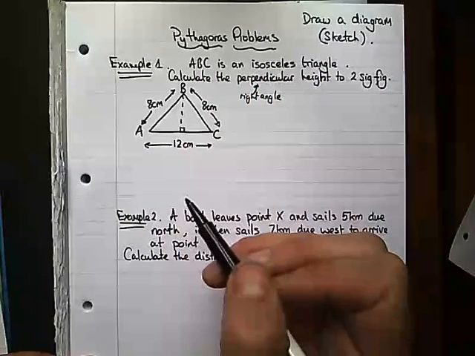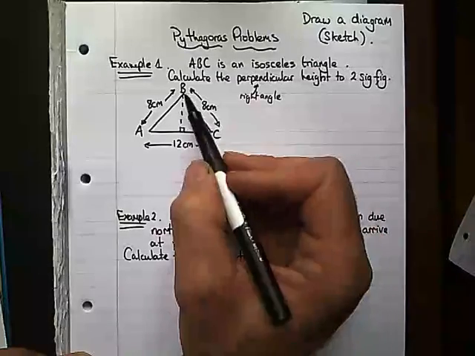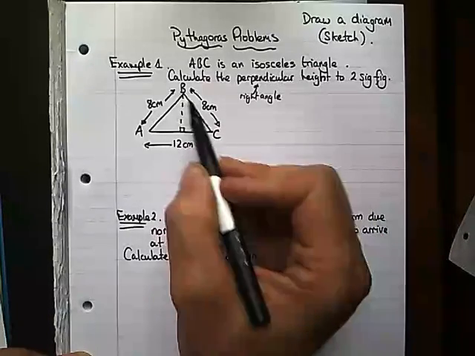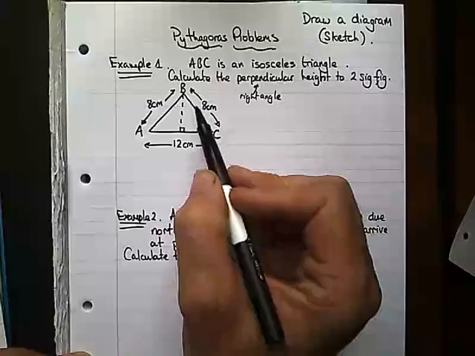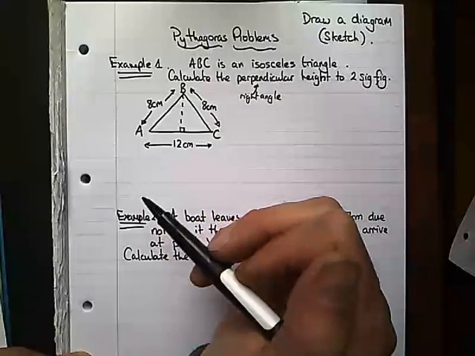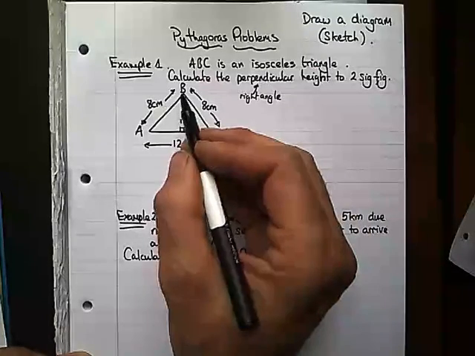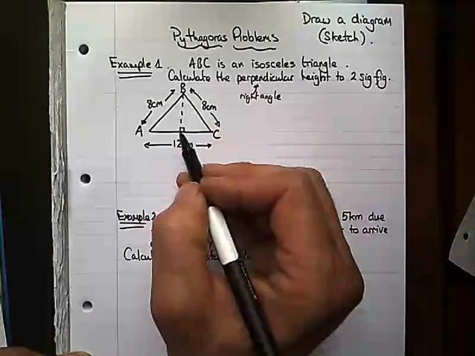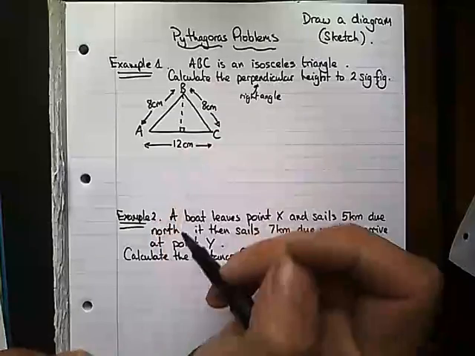So there you go, that's your diagram, and look, we now have a right angle triangle. Okay, and we can use that right angle triangle and Pythagoras to work out the height, the distance from B to this right angle of this triangle.